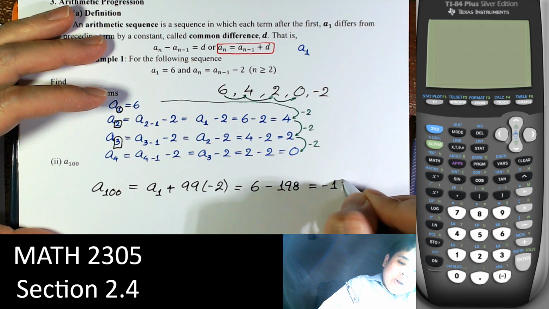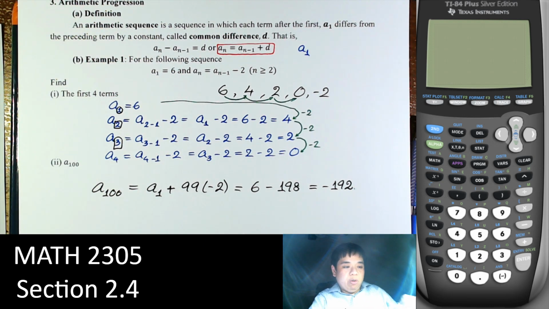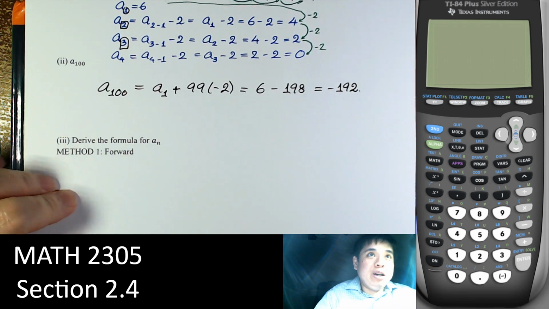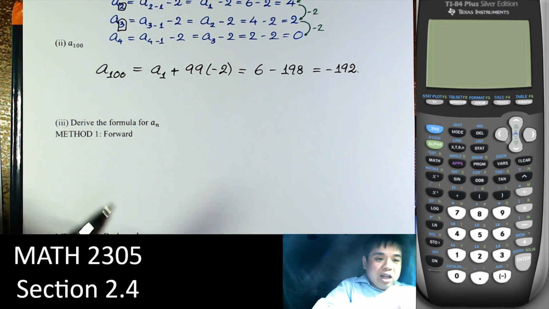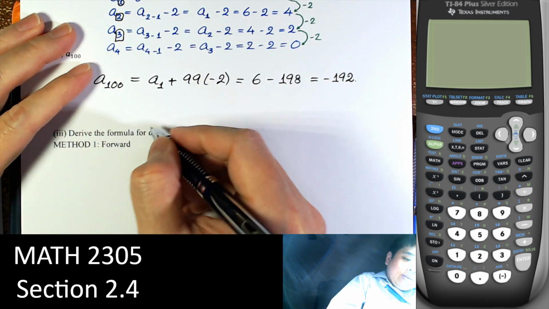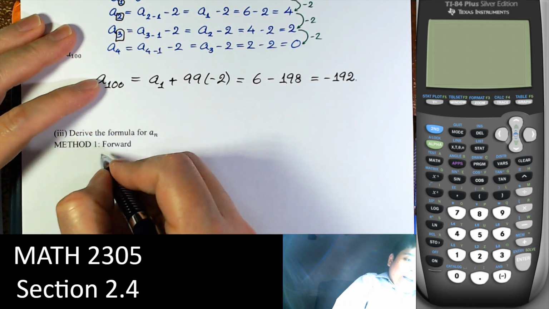Minus 192. Right. So that's how we derive the formula. Okay, so we derive forward, just like we said here.